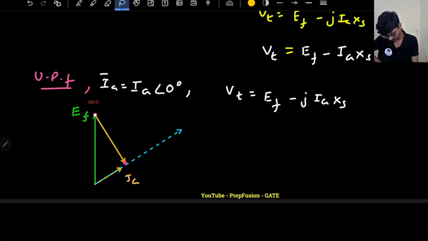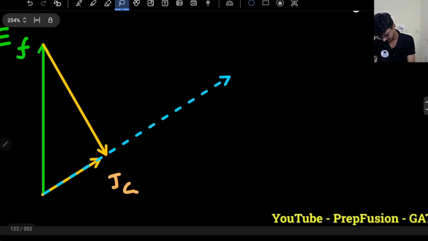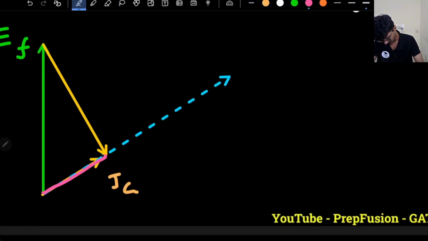So it is intersecting here, and this will be my VT. It is almost similar to IA, but VT is something else. This is my VT, and this is the angle delta.